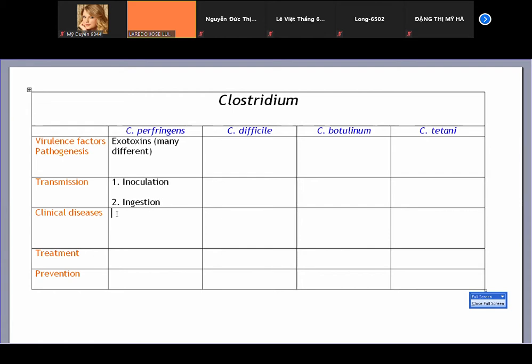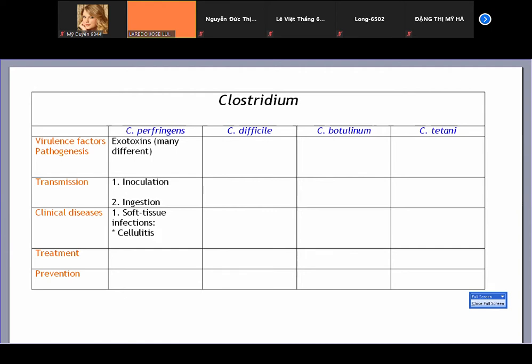When Clostridium perfringens is acquired through inoculation, the diseases that they produce are soft tissue infections that you already know. For example, cellulitis. You remember cellulitis? We explained 2 weeks ago.